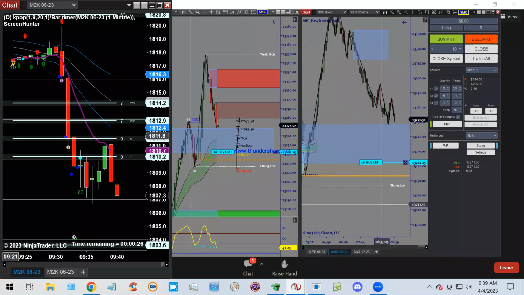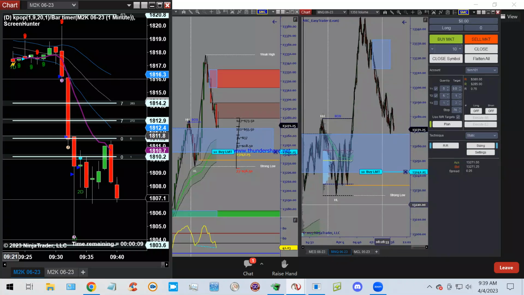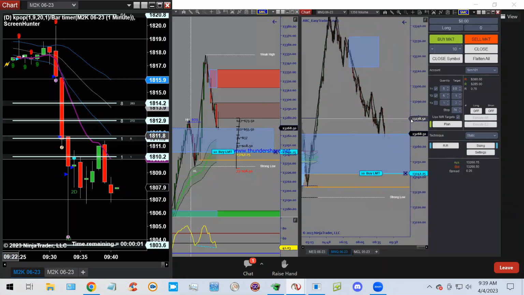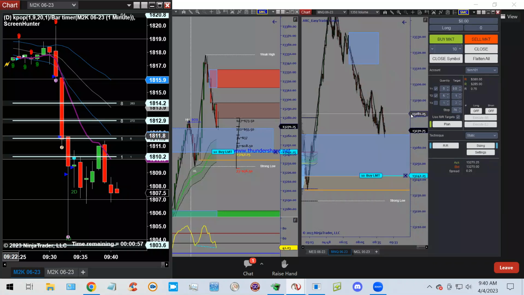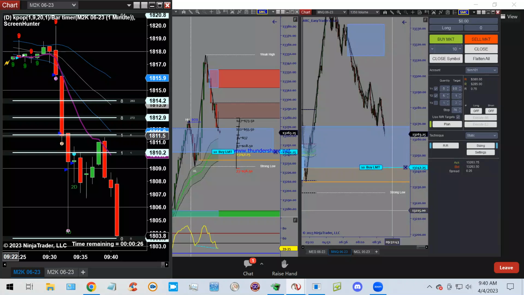And queue to pull back a little bit deeper to give us the fill. Let it pull back.